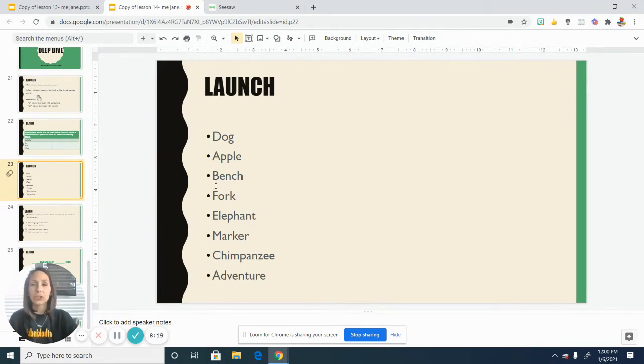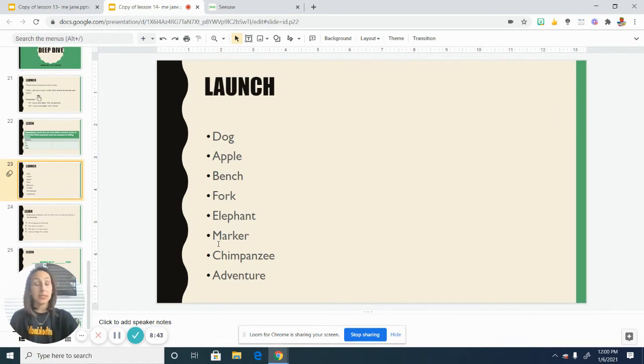What about bench? Yeah, the article for bench would be "a bench." Fork. That's right, "a fork." What about elephant? Yeah, that starts with a vowel, so that would be "an elephant." What about marker? Very good, "a marker."